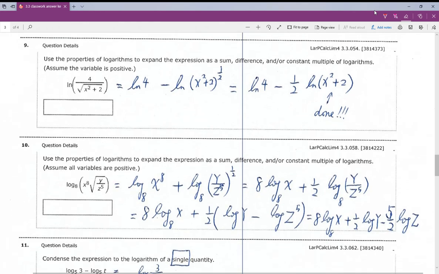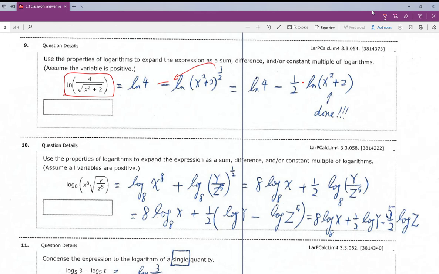Number 9. Same thing, you have one single expression, and because this is division, you change it to subtraction. Now, when you have degree, you want to bring it down to the front to become coefficient. Then you are done.